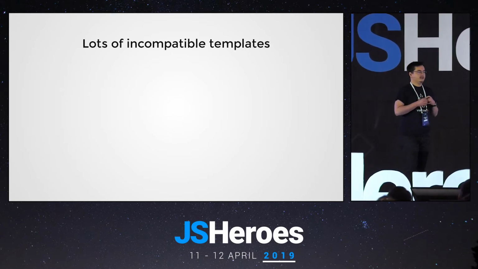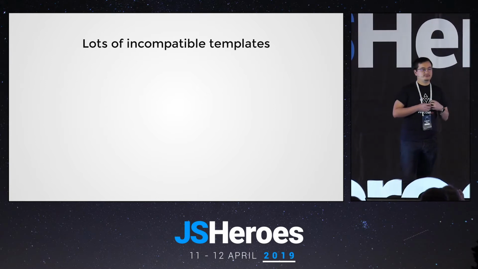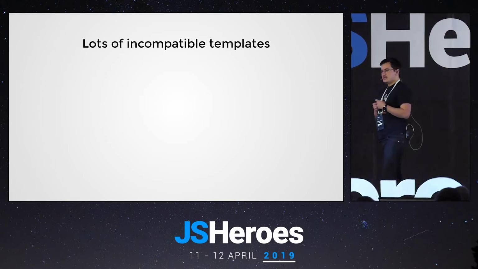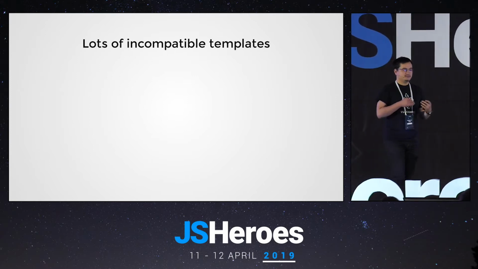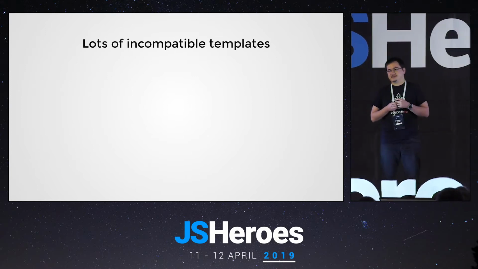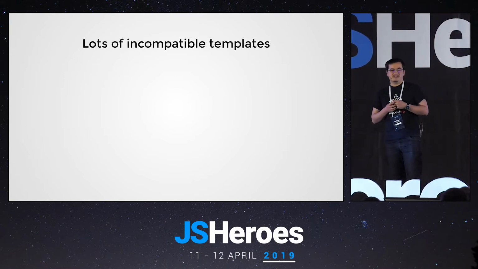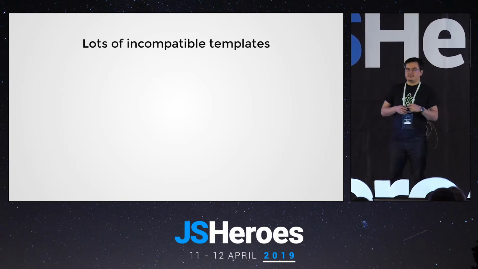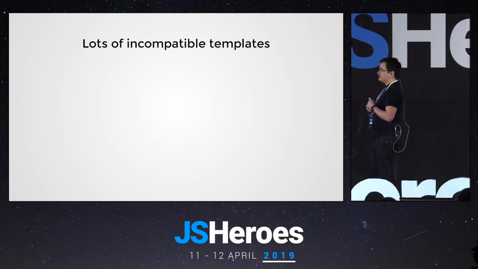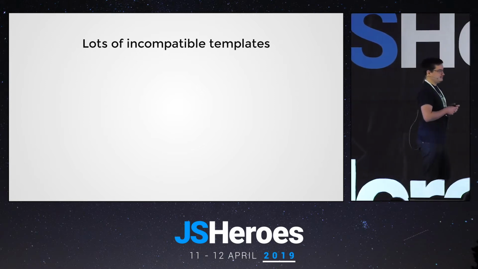It can use a lot of different templates for your projects, but all of those templates are incompatible with each other. For example, you can have the default template in JavaScript, another template with TypeScript, and another template with PWA support, but you can't mix them together.